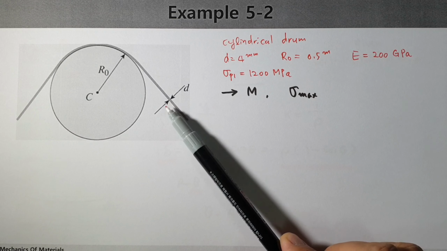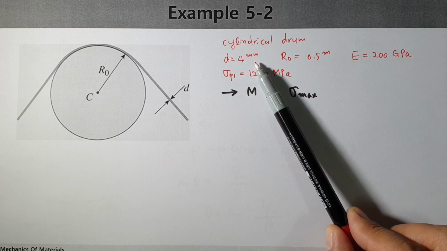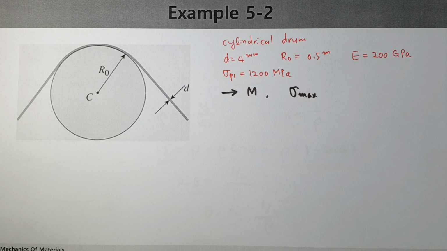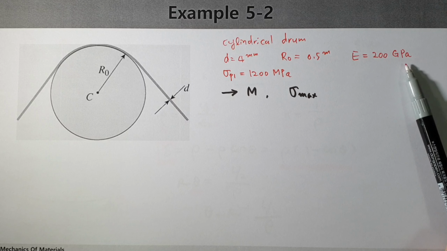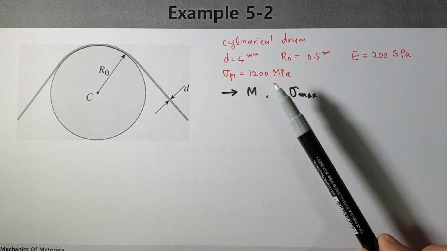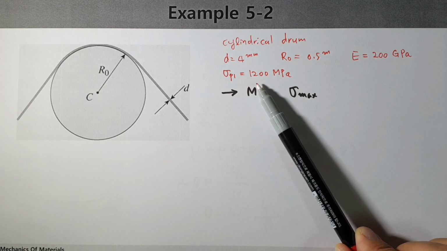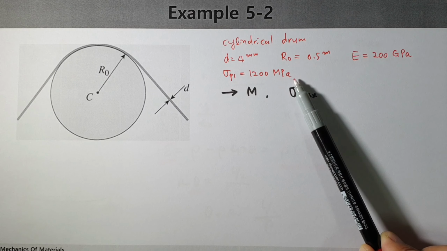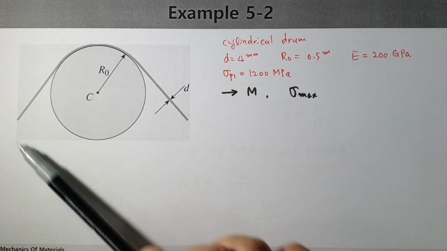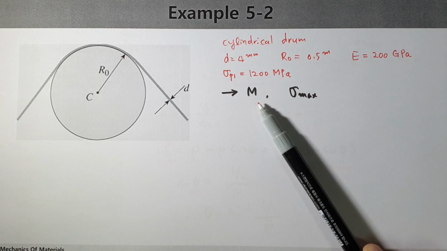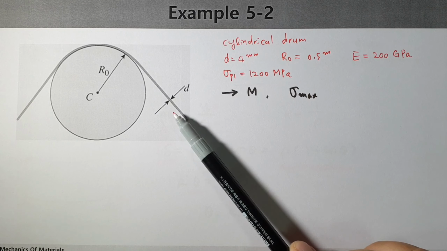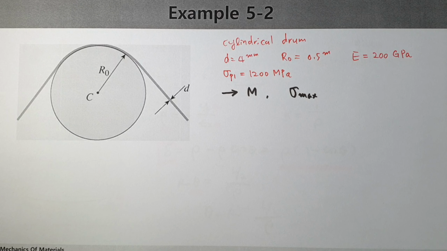And of course the wire diameter is given as 4 millimeters, and the modulus of elasticity of the wire is given like this, 200 gigapascal, and the maximum allowable proportional limit is 1200 megapascal. Okay, with this condition, we would like to calculate the bending moment and bending stress related to this wire.